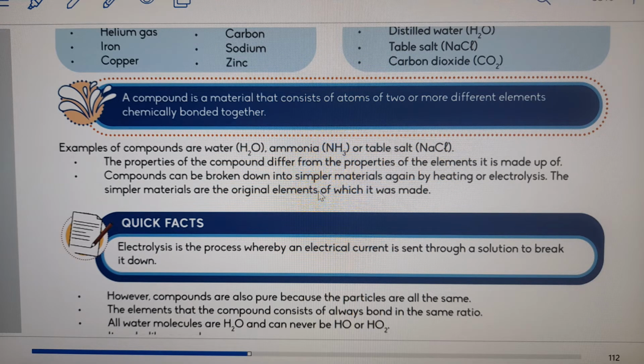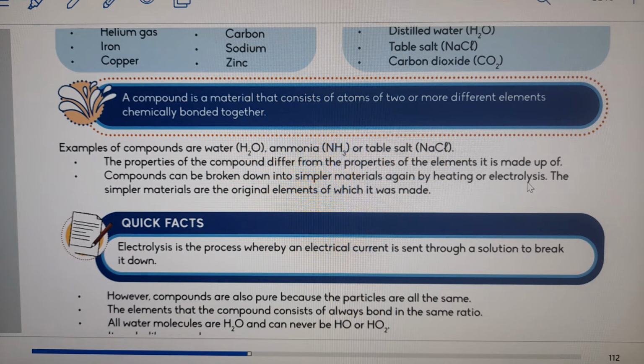For example, this compound is water. If I break it down to simpler materials, my simpler materials are going to be hydrogen and oxygen. So I can break down water into hydrogen and oxygen, or I can break down ammonia into nitrogen and hydrogen, or I can break down salt into sodium and chlorine. Those are the simpler materials.